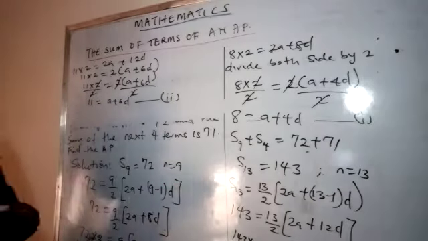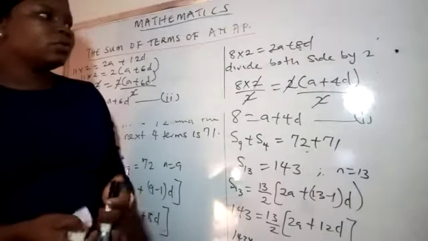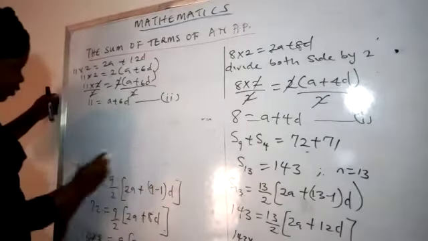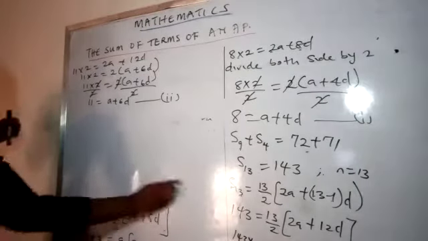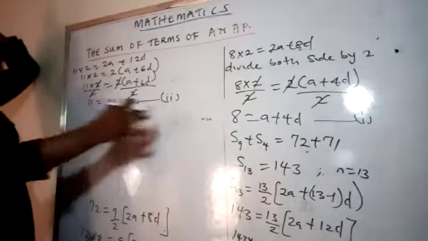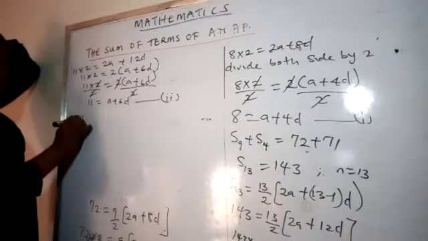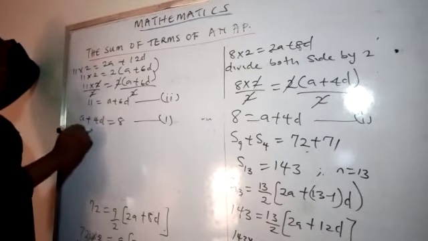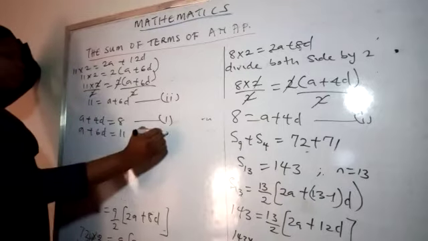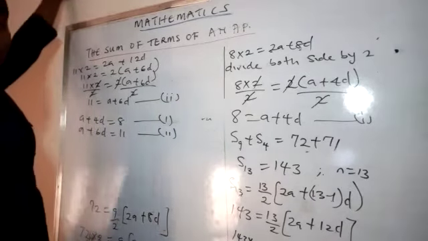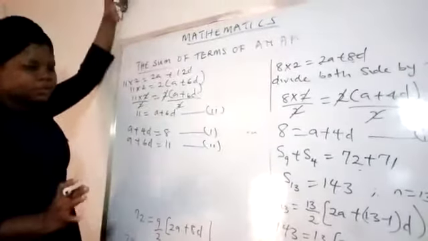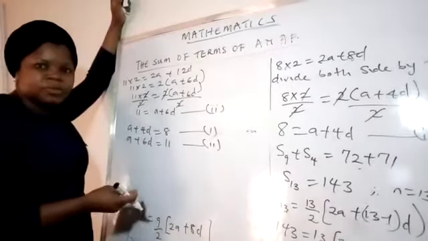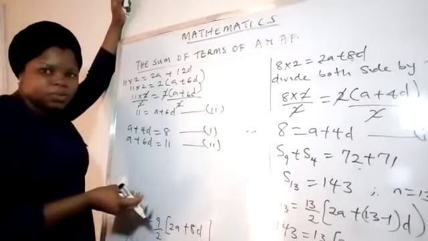Now, we should always remember how to solve simultaneous equations. I'm sorry, I don't have a large board. Let's just manage this. From equation 1, I have a plus 4d equals 8, equation 1. Then equation 2, I have a plus 6d equals 11, equation 2. In solving simultaneous equations, we can use the elimination method, the substitution method, or the graphical method.